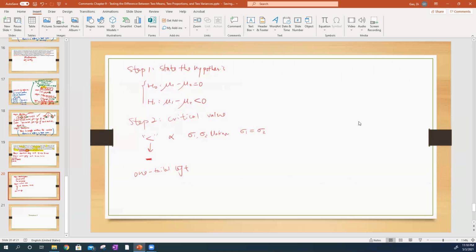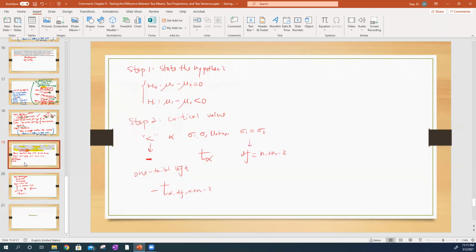And sigma 1, sigma 2 unknown, so we know we have a t distribution. And then alpha, one tail left, so we have t sub alpha, right? So from that, we know the degrees of freedom equals n1 plus n2 minus 2. So then altogether, the critical value is negative t sub alpha with df equals n1 plus n2 minus 2.